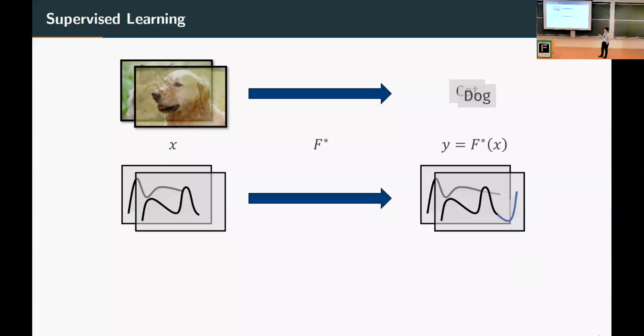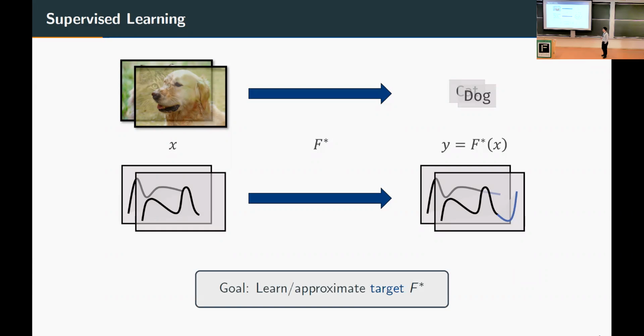You can also have sequence-to-sequence models where the input is, for example, a historical time series, and the output is the values of this time series in the future. All right, so there's a functional relationship between them as well. So the goal of supervised learning is to observe enough of these input and output pairs, and then to learn or approximate some target function that maps these inputs to the outputs. Okay, so that's the basic goal of supervised learning.